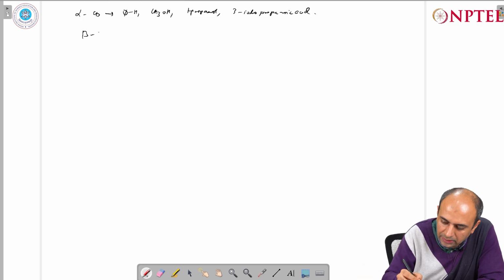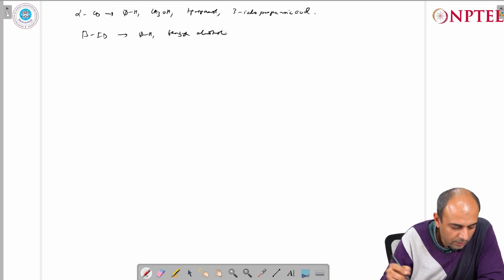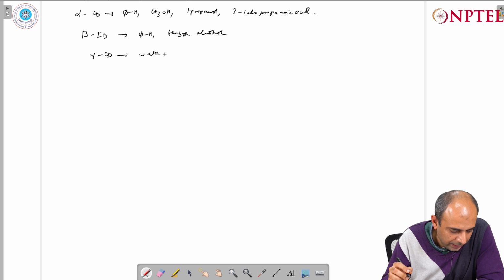Whereas in the case of beta cyclodextrin, it has been possible to include benzene, benzyl alcohol, and gamma cyclodextrin includes water molecules by and large.